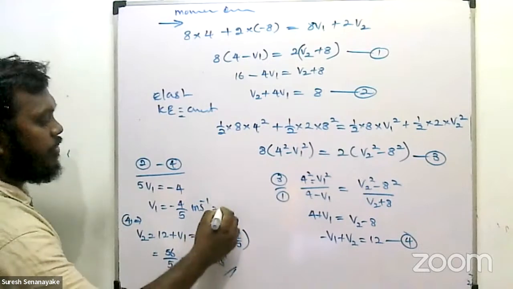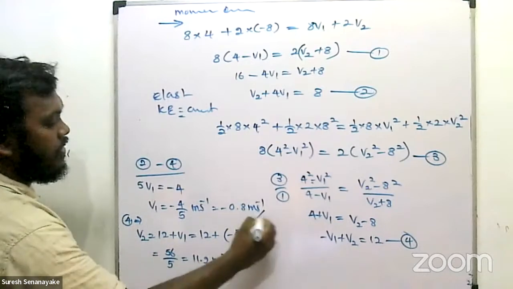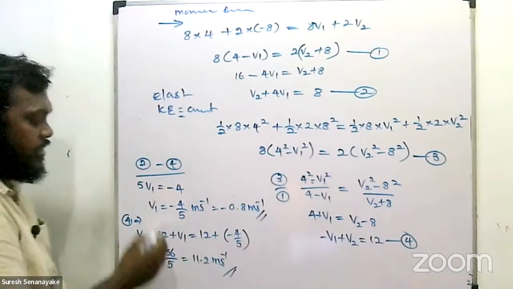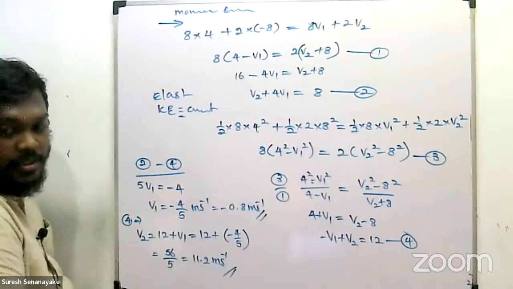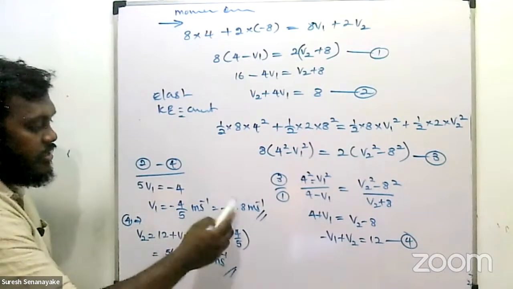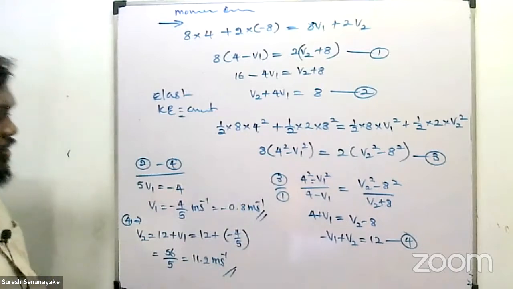And this is minus 0.8 meters per second. So these are the velocities after collision. That's v1, the first body will return back. After the collision, it moves the opposite way, and the second body will move in the same direction. Okay.